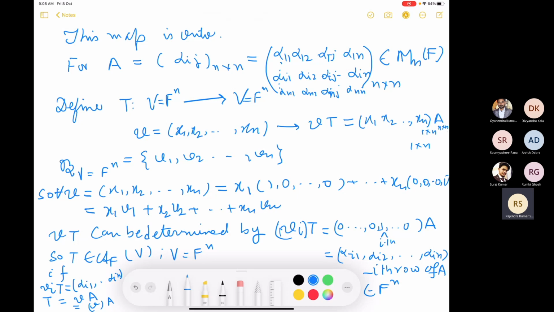So what we have proved is this theorem: the set of all n by n matrices over a field F is an associative algebra. We denote this by M_n(F), and the dimension of this is n square.